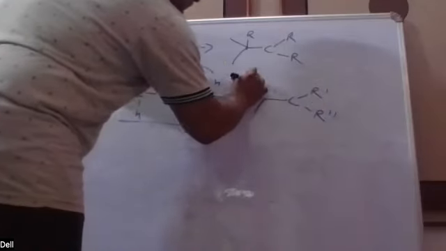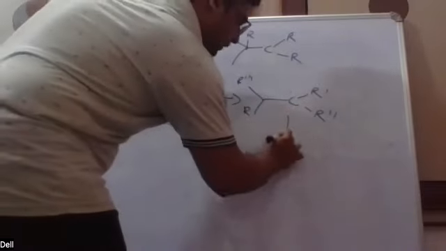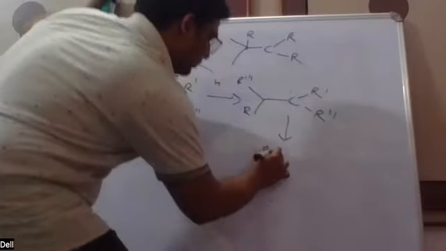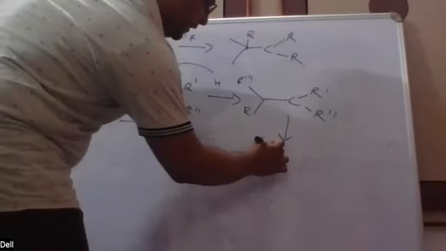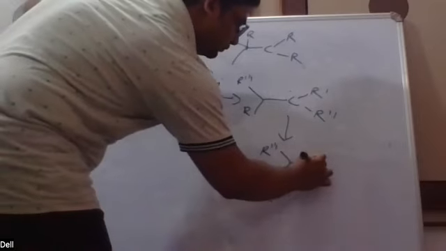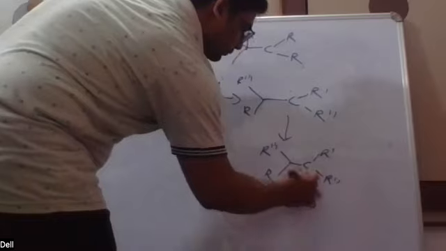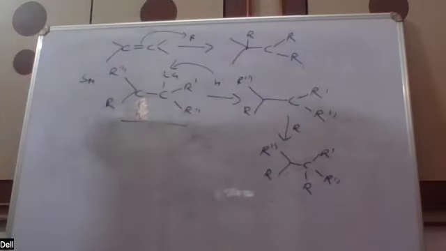So this is the basic difference between substitution by free radical and addition by free radical. We finally get a saturated product in both cases, but the reactants are totally different.